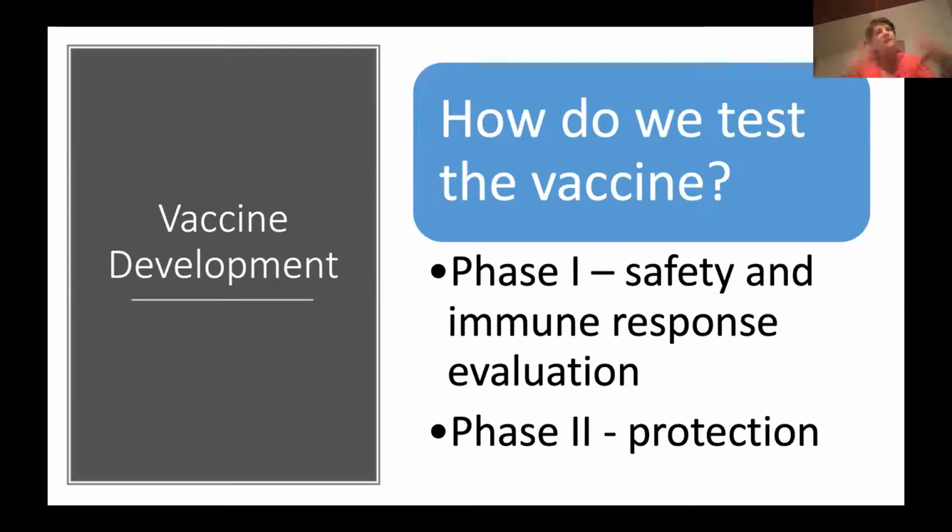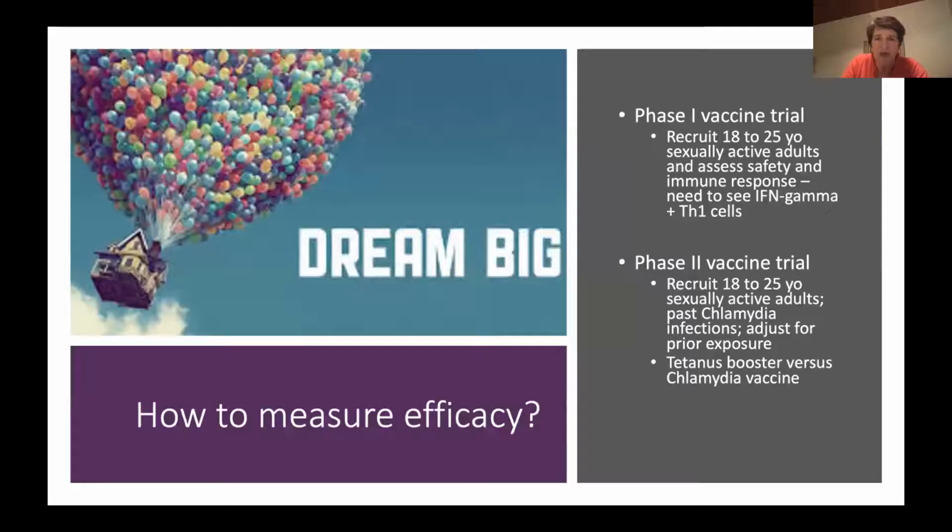So let's say we do all this and we get a vaccine that works great in mice and works great in guinea pigs. Well, then how are we going to take it to the clinic? First you do what we call phase 1, which is a safety and immune response evaluation. And then we do a phase 2, which is to look for actual protection.